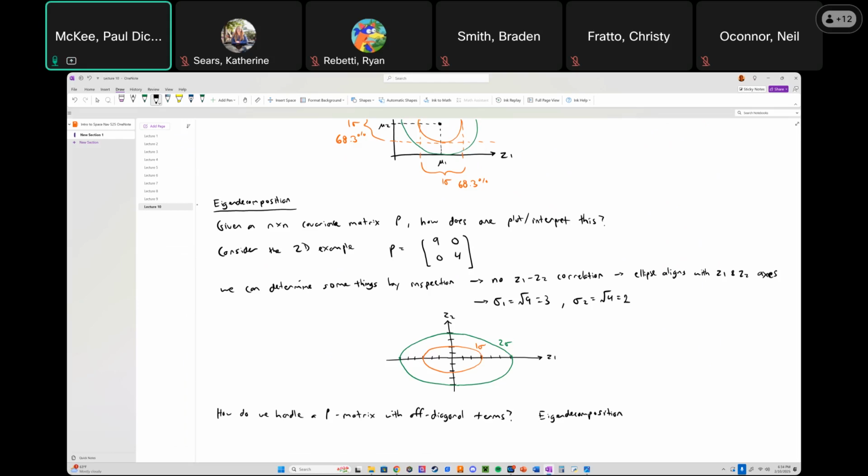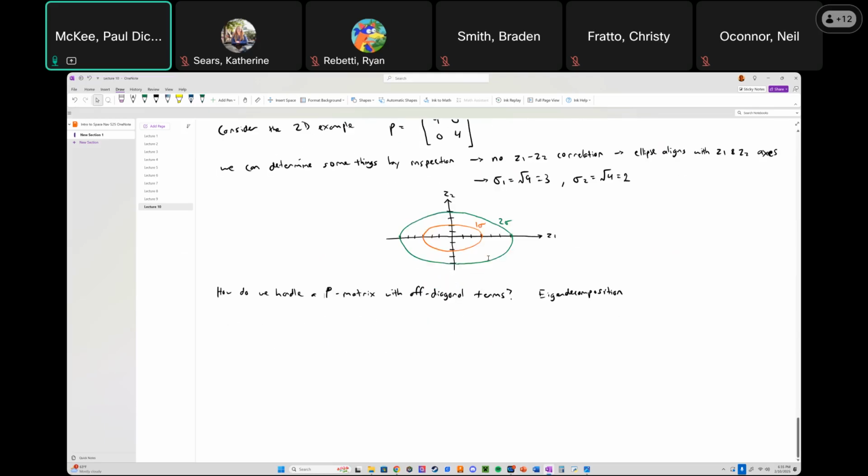So, I mean, your calculator could go through and do this, but if you wanted to try to understand what's going on with a P matrix that has off-diagonal terms, then what we would do is eigendecompose it into a covariance matrix in some useful frame, some principal frame, and then a set of matrices which map into that principal frame.